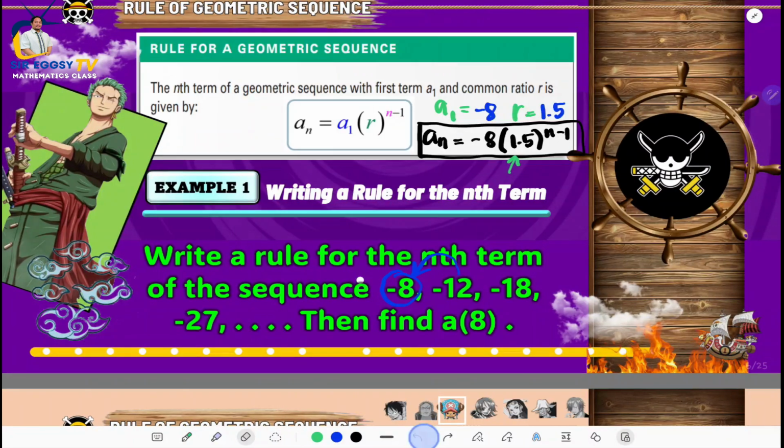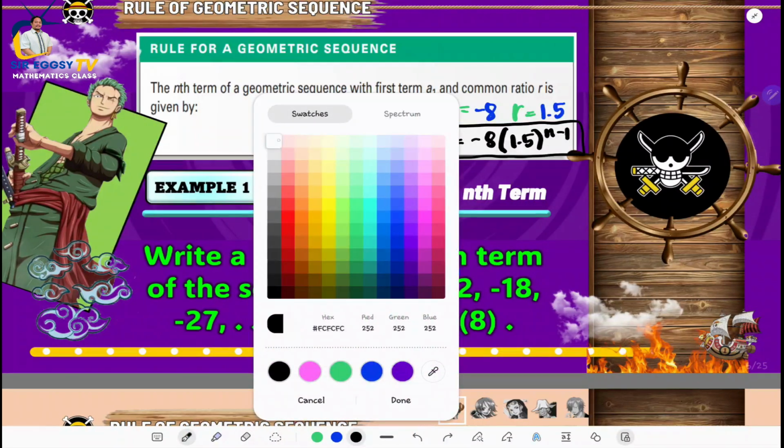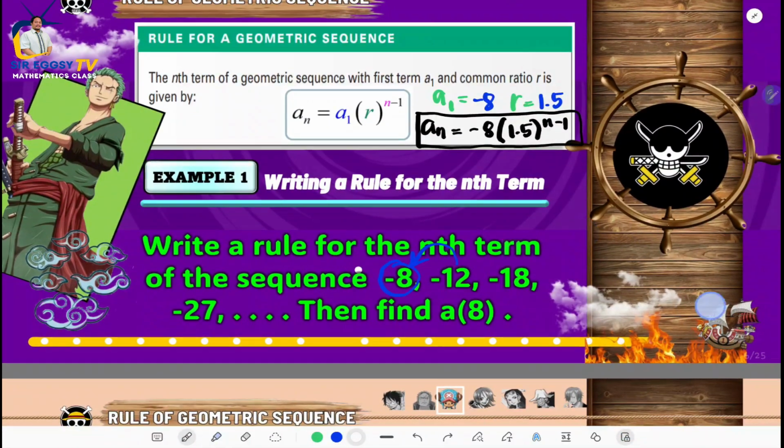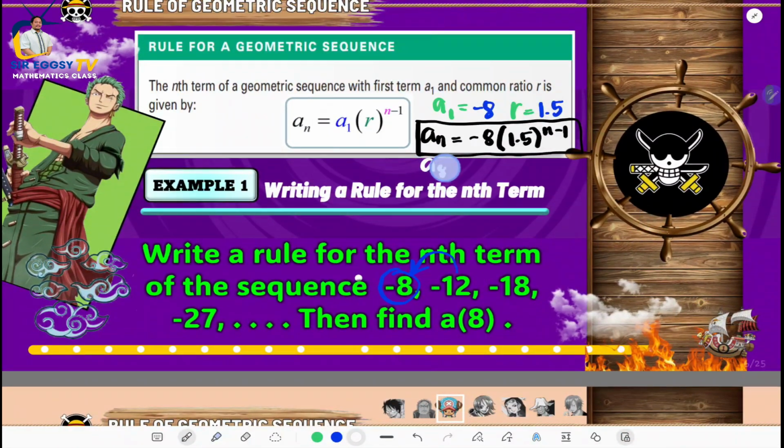Okay, now let's get the value of a sub 8. Since we already have the nth term of the sequence, we can now get the value of a sub 8 by substituting the values. So you have here a sub 8 is equal to negative 8 times 1.5 raised to 8 minus 1, which is equal to 7.